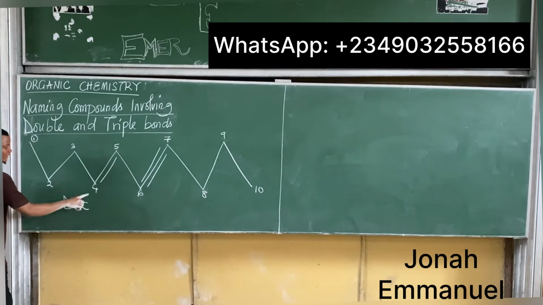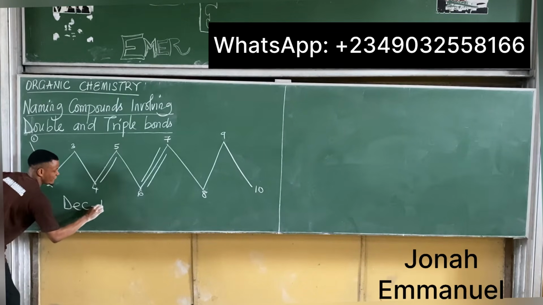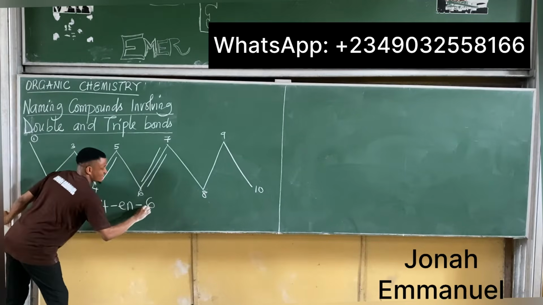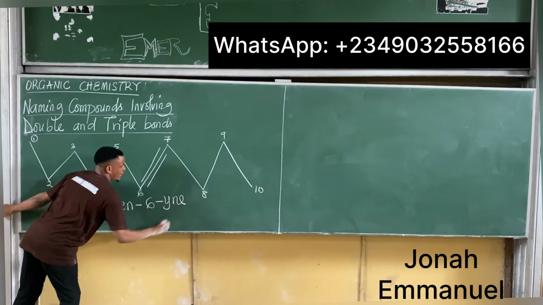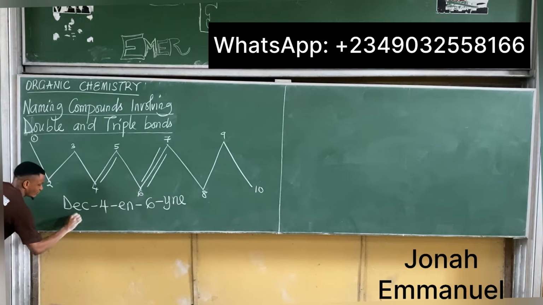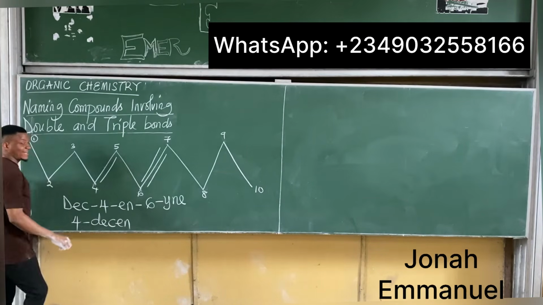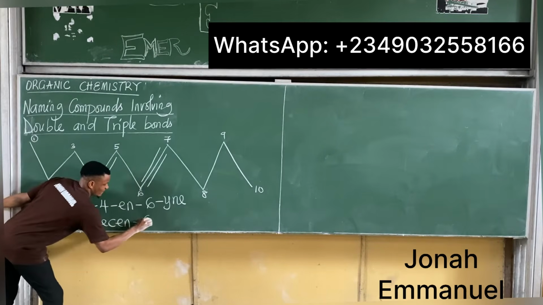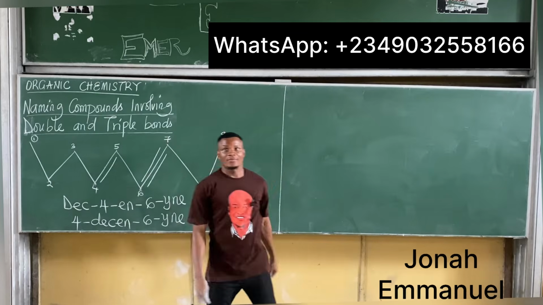Dec, 4, before the double bond. Dec-4 and 6... diene. Is it diene or...? Diene. Okay. So that's this. Is that okay?